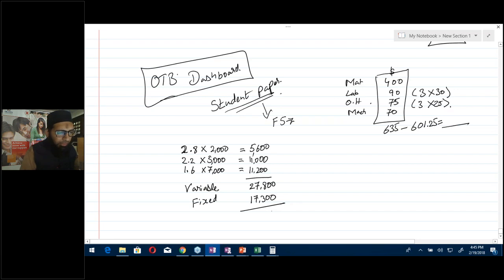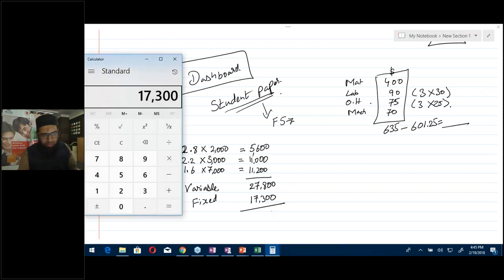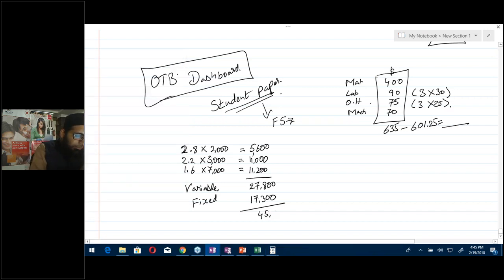That means my total life cycle cost will be 17,300 plus 27,800, and it is 45,100. This is the total life cycle cost. Thank you, Satkan. Yes, it is 45,100.